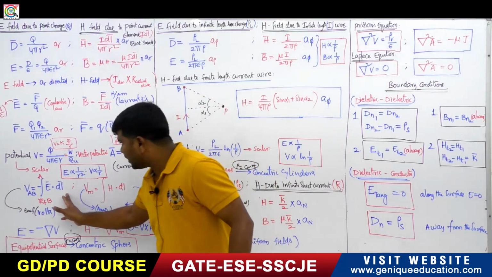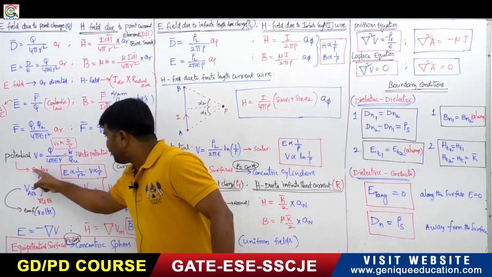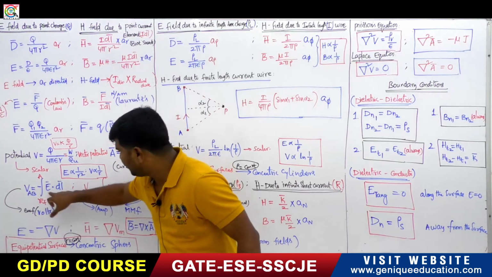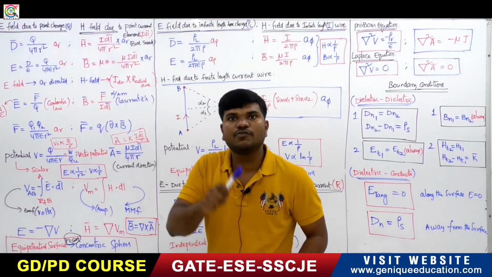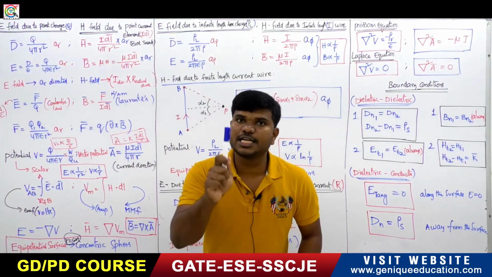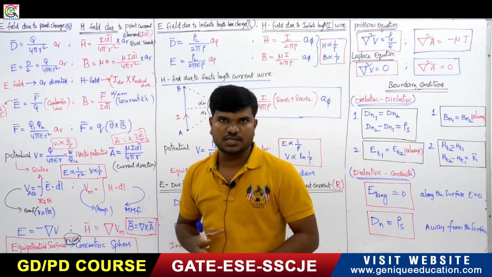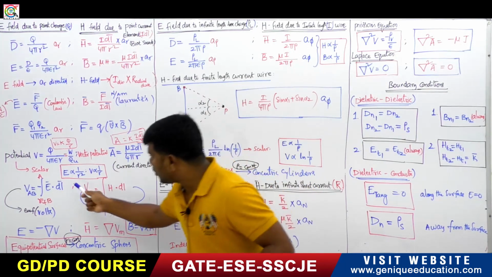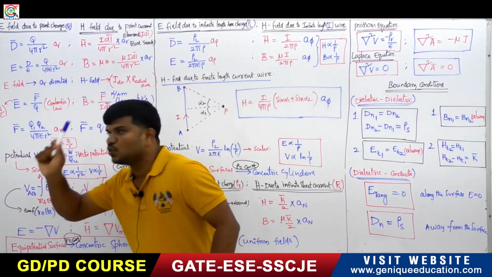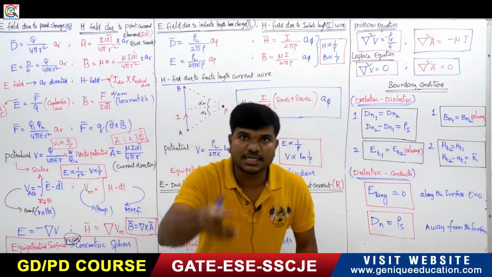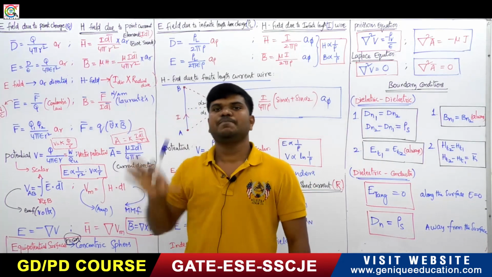Observe this. If VAB is positive, then we can say that the work is done by the external charge. Suppose VAB is negative, then we can say that the work is done by the field.